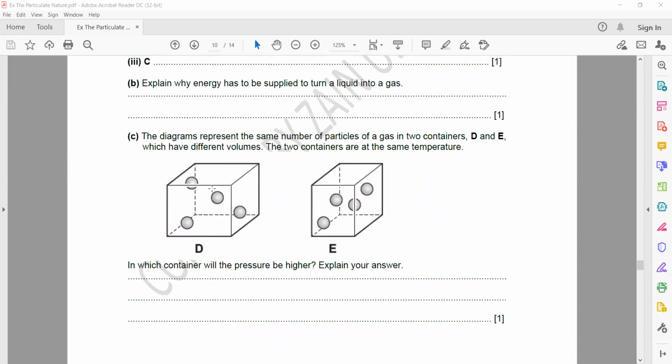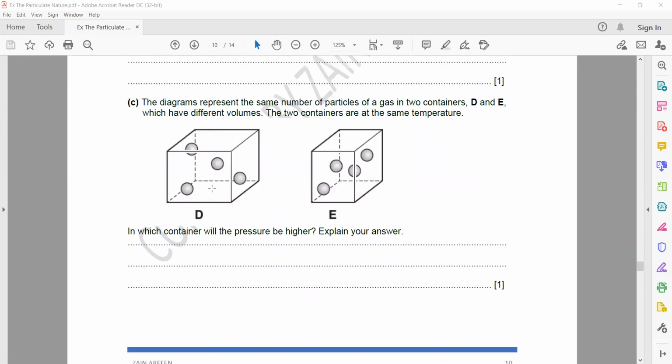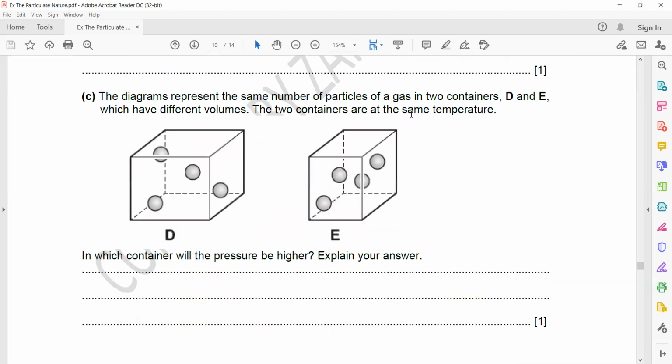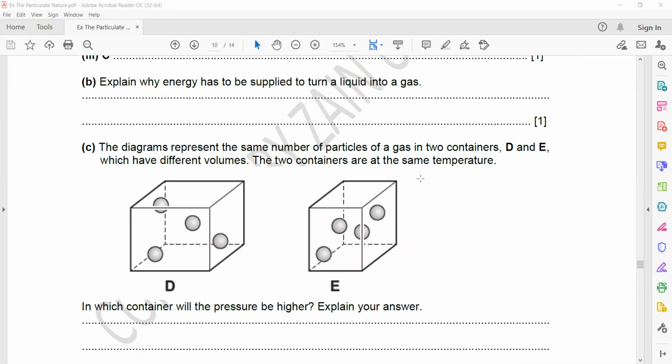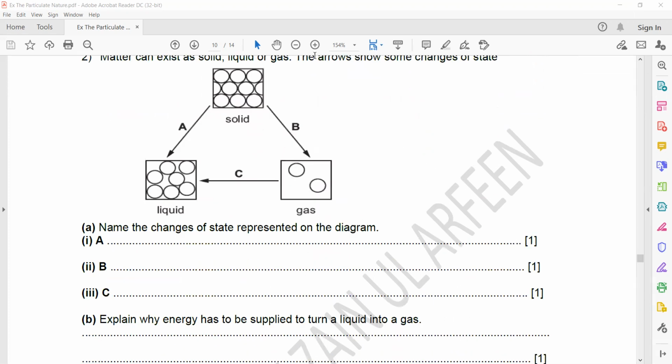In part C, the diagram represents the same number of particles of gas in two containers. If the temperature is not high enough, how would we be able to break the bonds or attraction? It does not depend on temperature. If you check the boiling point for some gases, the boiling point is -30.